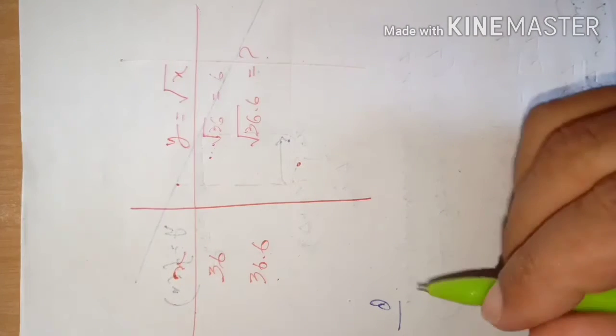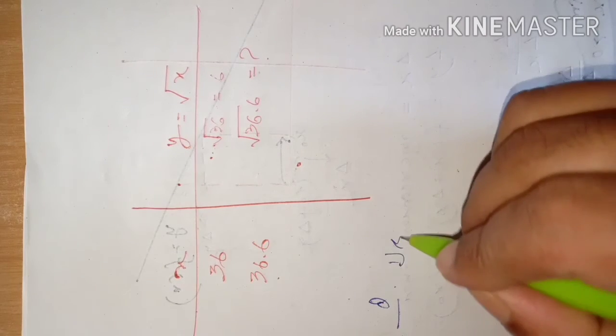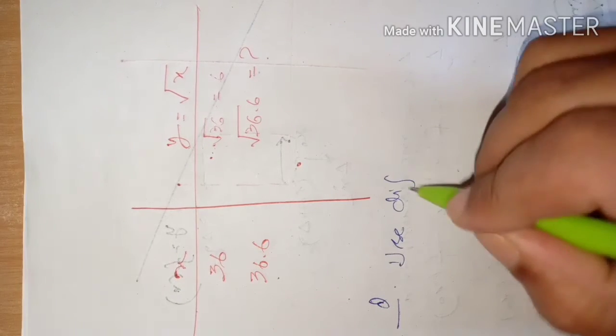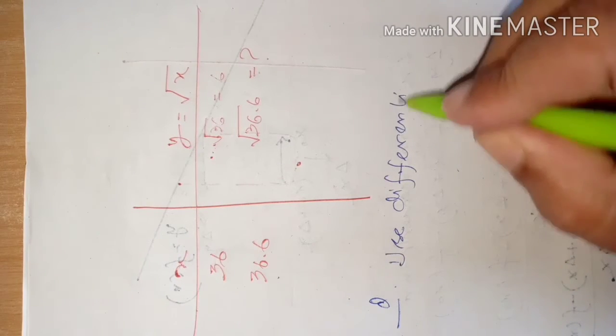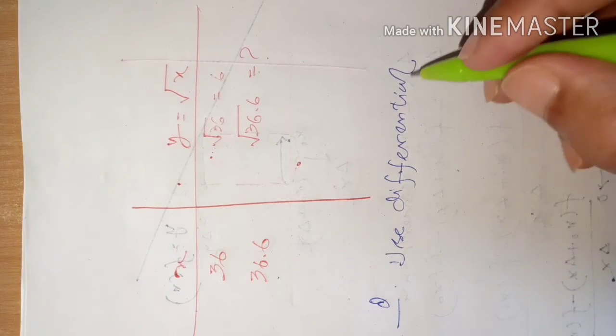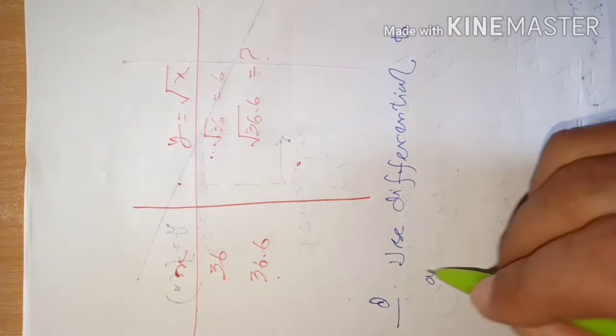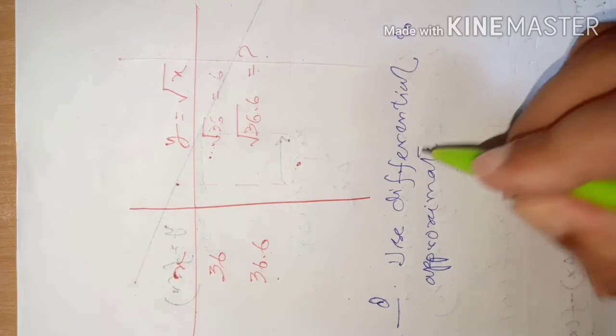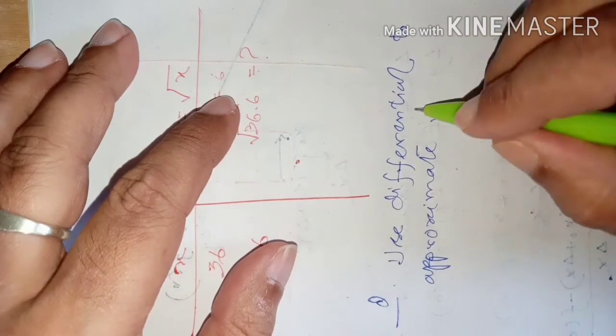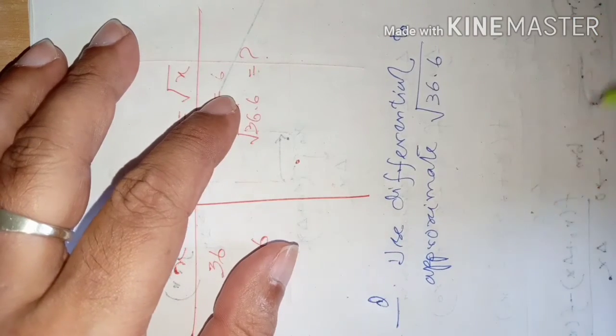Suppose this is the question. I am taking example number 21. Just you see. Use differential to approximate under root 36.6. Okay.